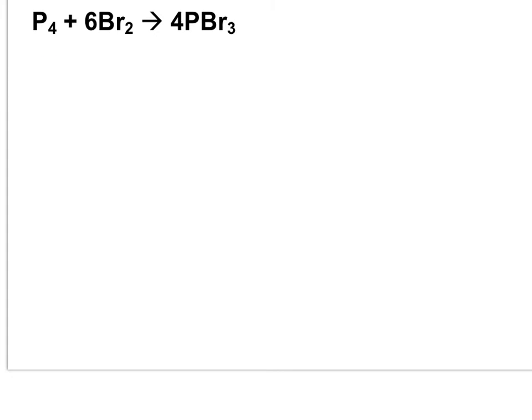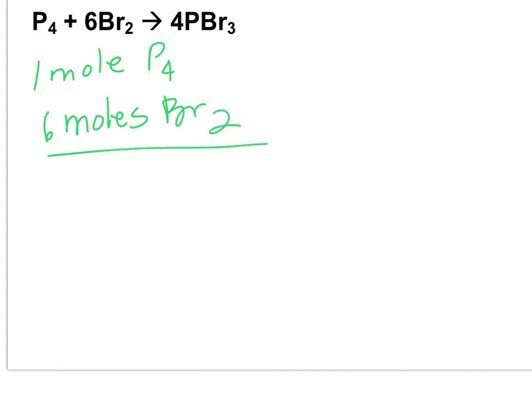In front of Br2, there's a 6, and in front of PBr3, there's a 4. So what that actually is telling us is that there is 1 mole of P4 and 6 moles of Br2, and they combine to yield 4 moles of PBr3.